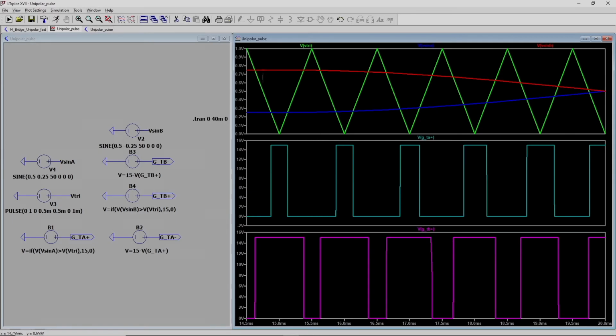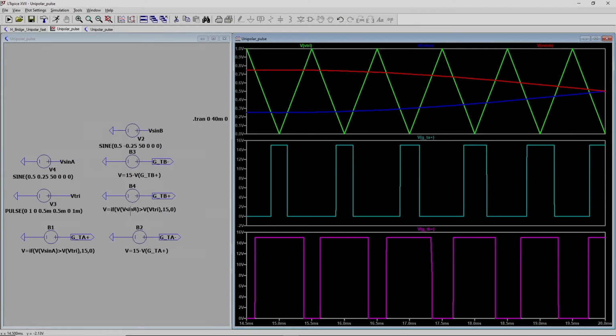And this red one is the reference for leg B. For leg B you can see that whenever this is greater, the gate pulse for TB plus is high, just plus 15 volt, and in this part it is equal to 0.